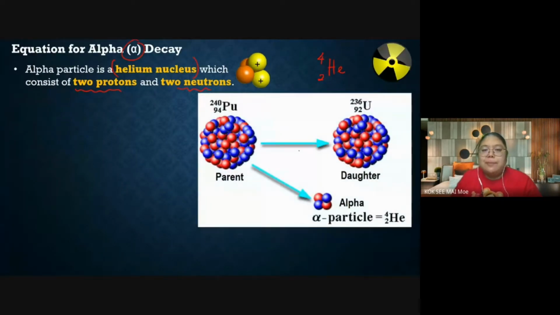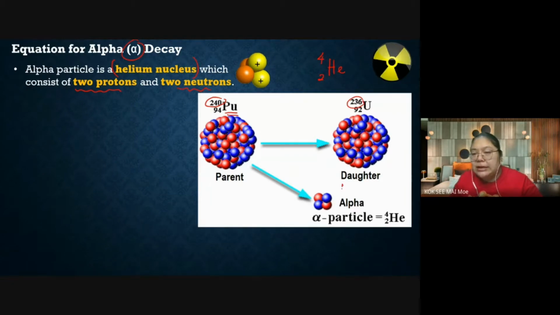So from here, for example, the parent is Pu. You learn about it in your chemistry. The starting nucleon number is 240, and the proton number is 94. After decay, it comes out as uranium, becoming 236. You can see the nucleon number is less by 4, which means it gave off helium.